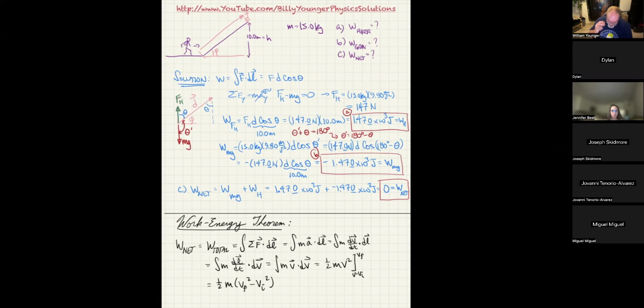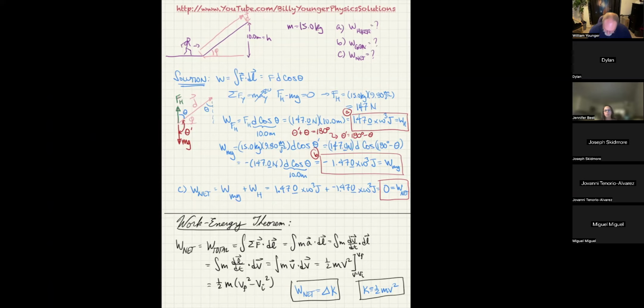And in fact, this defines what we call kinetic energy. So what we've done there is we found out that the total work done is equal to the change in kinetic energy, and kinetic energy is defined to be 1/2 mv squared. That is the work energy theorem. And this is the definition of kinetic energy.